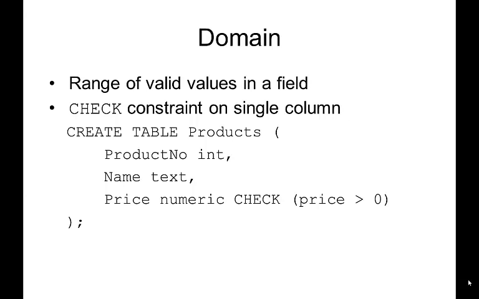You can't sell anything for negative money or give it away in this database. So we have a check constraint on the price field: we check that the price, probably should be a capital P rather than a small p, is greater than 0. Any values that are 0 or negative will be rejected when they're entered into the database. So that's a simple check constraint on a numeric range.